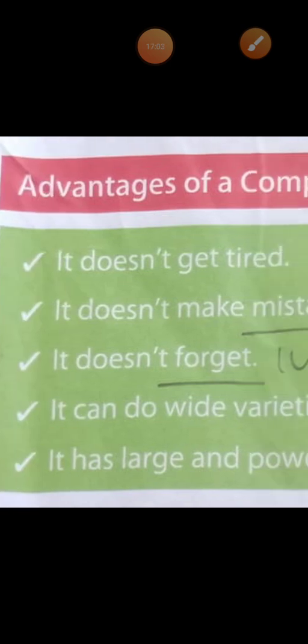Okay, third point, it doesn't forget. For example, of last week's events, we remember something in our mind and many things we do not remember, but a computer never forgets. Incidents or images from the last 5 years will be stored, so it doesn't forget.